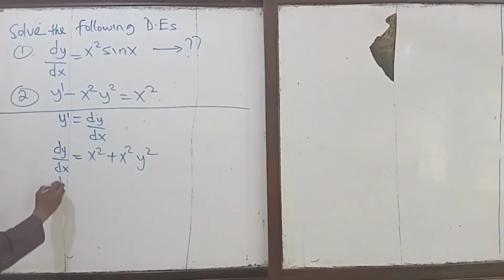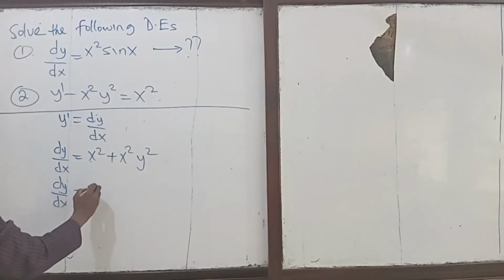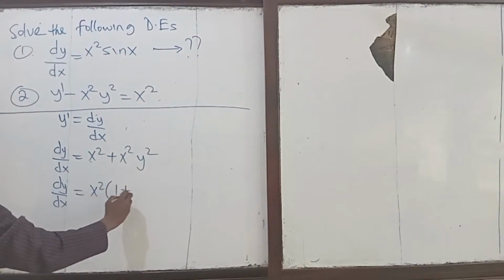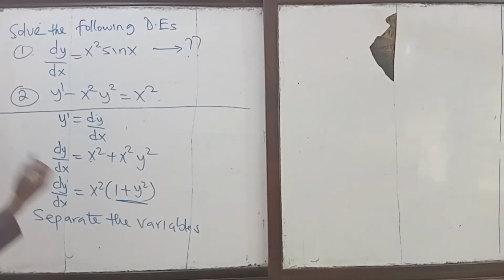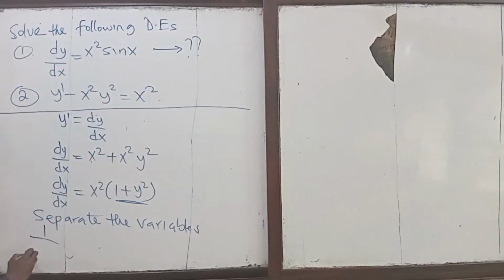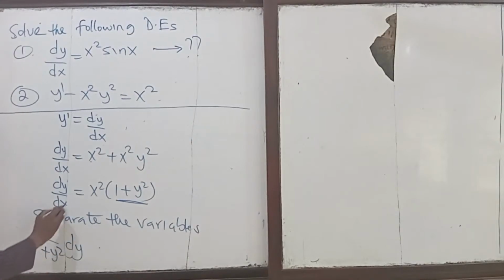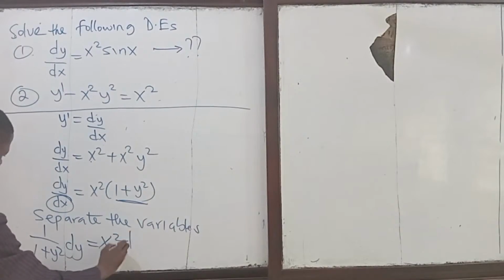Then we can factorize the x squared out, and that will be 1 plus y squared. Then separate the variables by dividing both sides by 1 plus y squared. That's 1 over 1 plus y squared dy equals x squared dx.